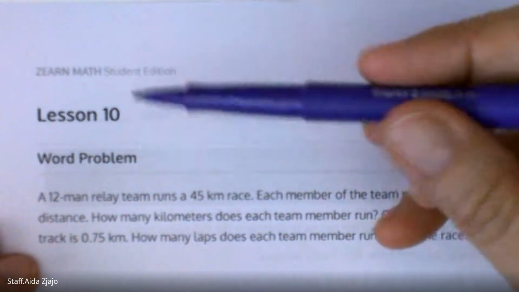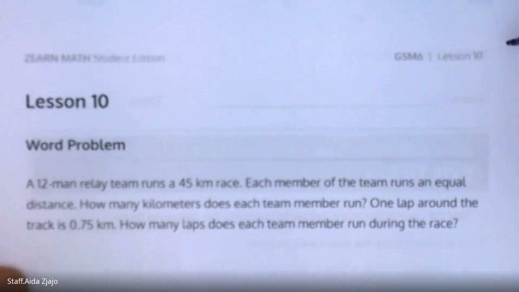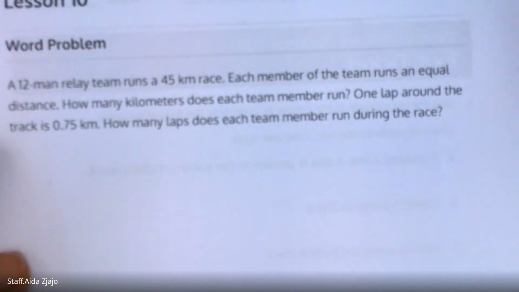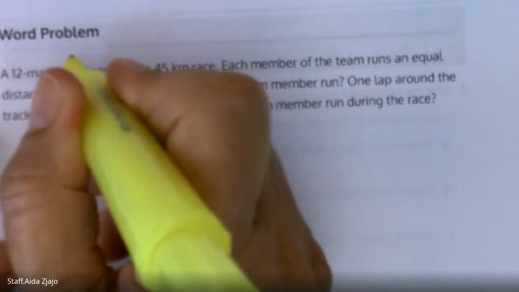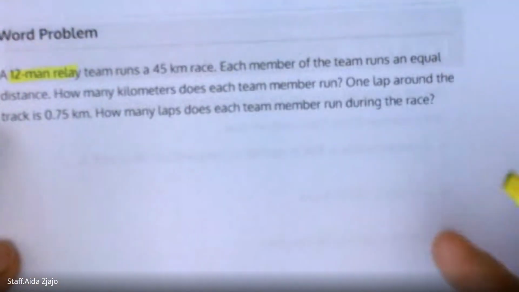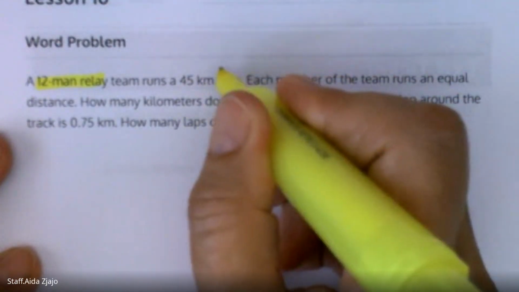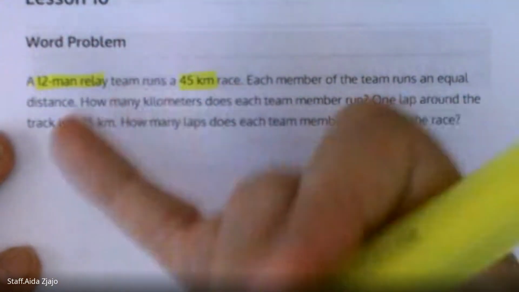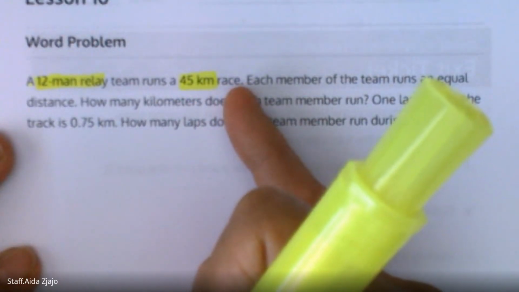This is lesson 10 word problem, grade 5, mission 6, lesson 10. Okay, let's read it. Word problem. A 12-man relay team runs a 45-kilometer race.